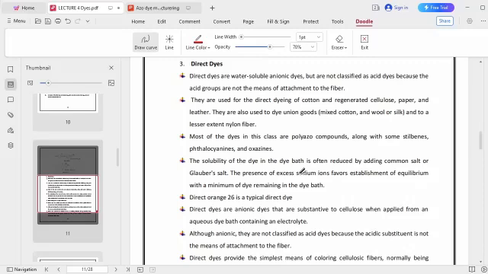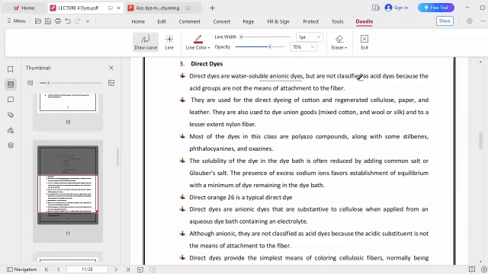Then we have direct dyes. These are water soluble anionic dyes, which means they are like acidic dyes. But then what's the difference between a direct dye and an acid dye?